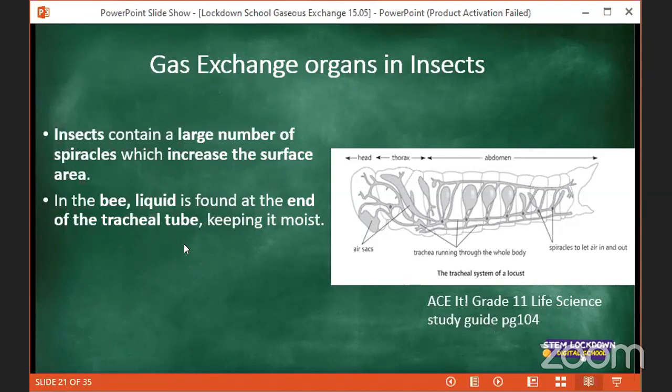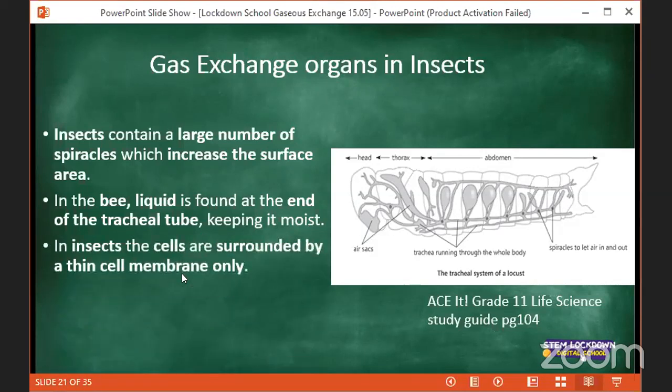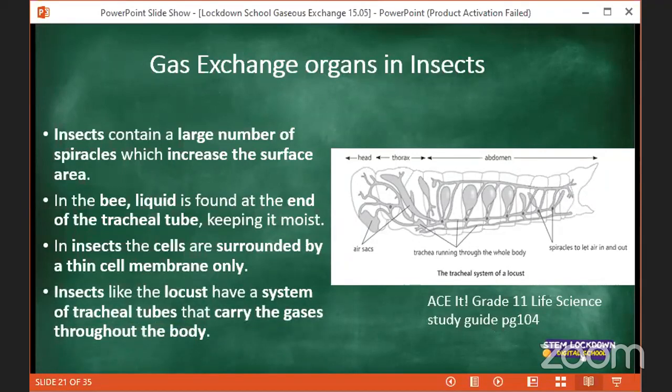And thirdly, in insects, the cells are surrounded by a thin cell membrane only. This is what ensures that the gas exchange surface area is thin. And then the fourth characteristic, insects like the locust have a system of tracheal tubes that carry the gases throughout the body.